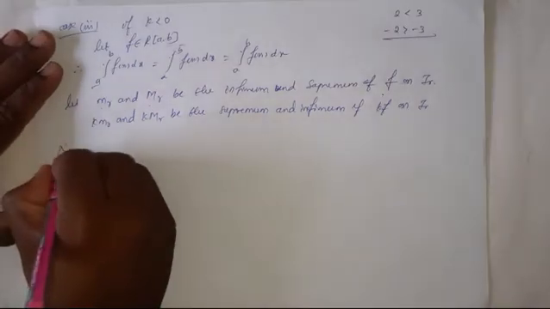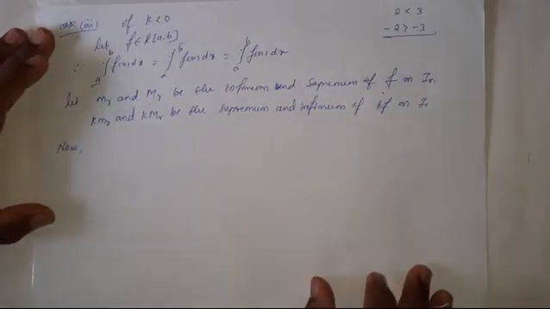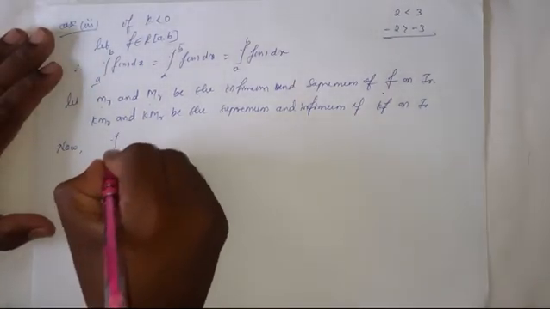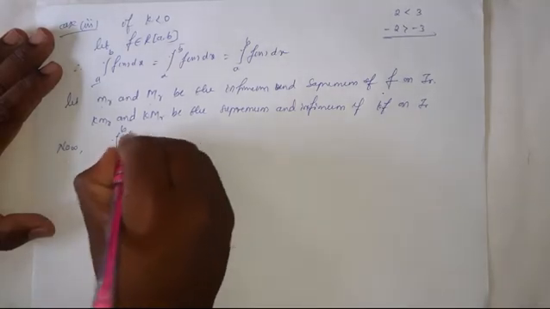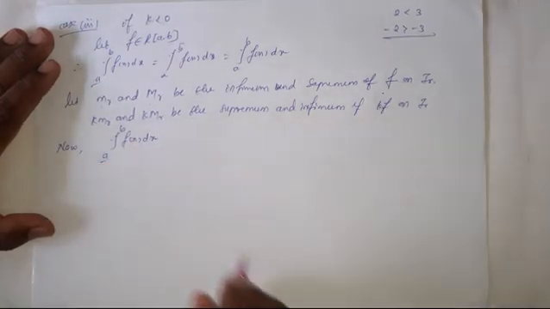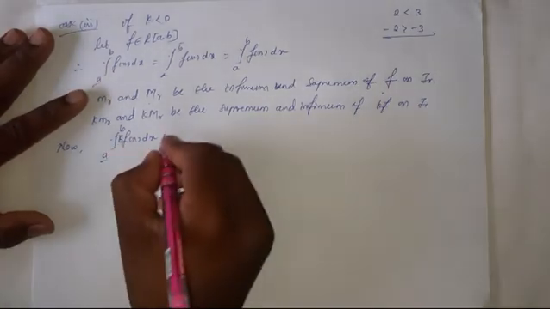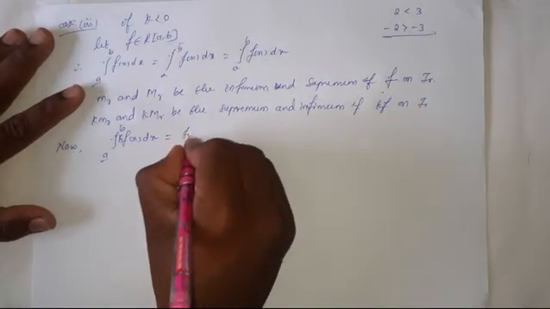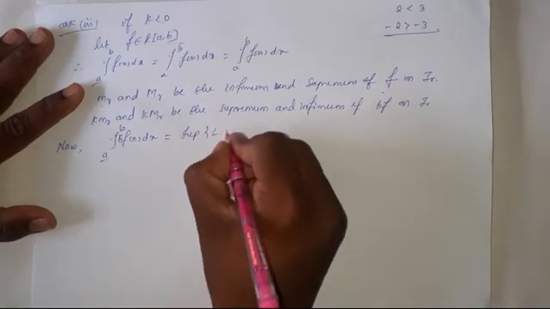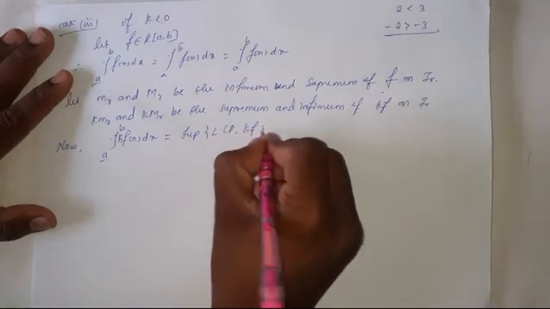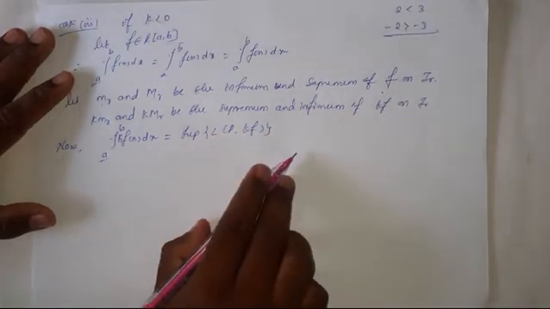Now consider the lower Riemann integral, that is the integration over bar a to b of k into f of x dx. It is equal to the supremum of all the lower sums of the function kf, that is LP kf.